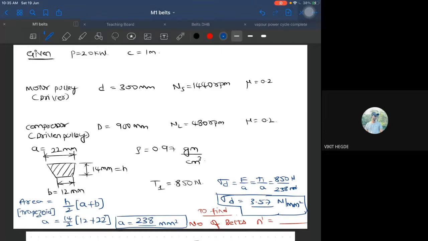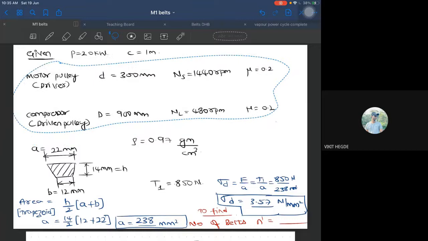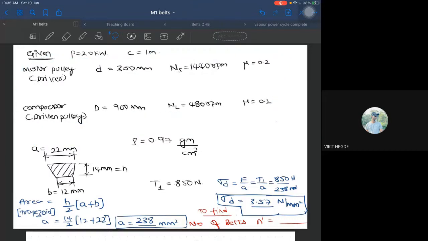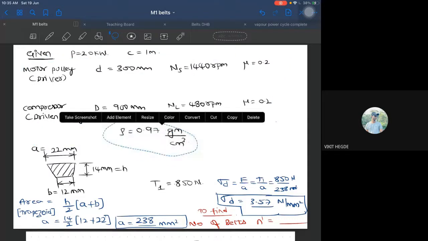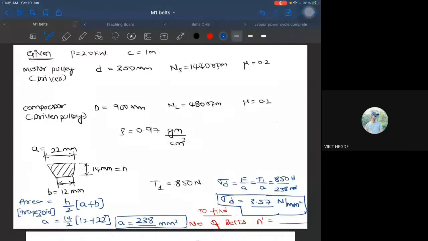So how do I convert 0.97 into kg per meter cube? 0.97 gram is 10 to the power of minus 3 kg.